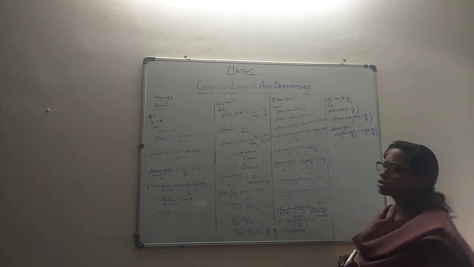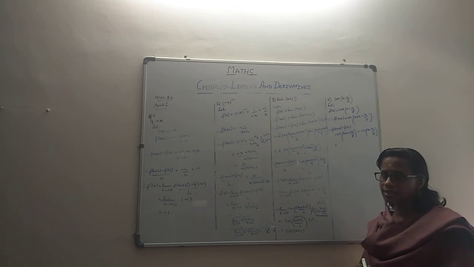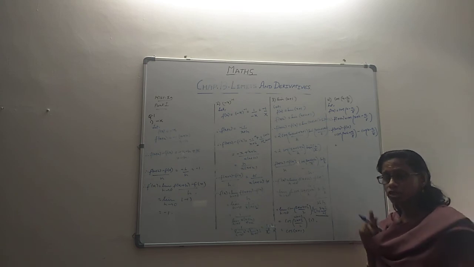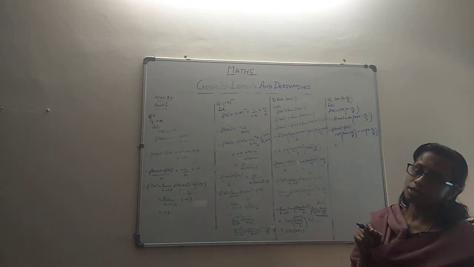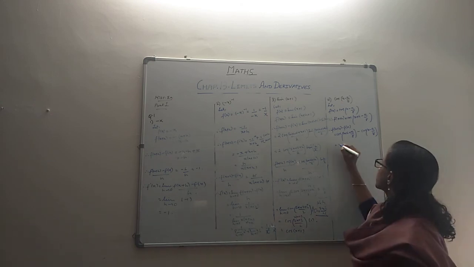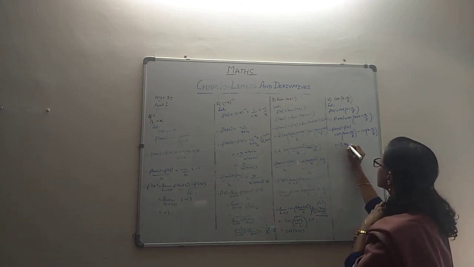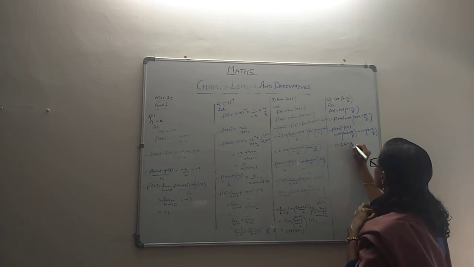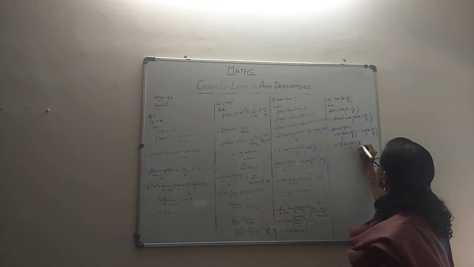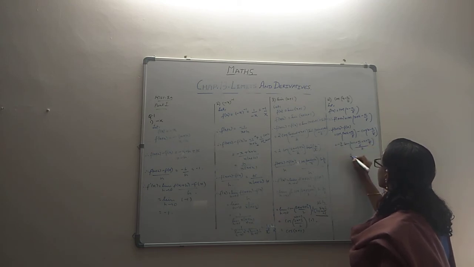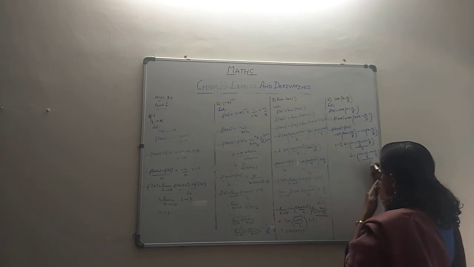Now cos c minus cos d is minus 2 sin of c plus d by 2 times sin of c minus d by 2. So that will come to minus 2 sin of the sum of both the terms, x plus h minus pi by 8 plus x minus pi by 8, by 2, and the next sine term is the difference, x plus h minus pi by 8 minus x minus pi by 8, by 2 of course.